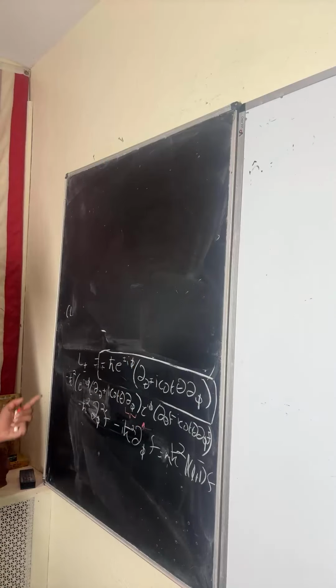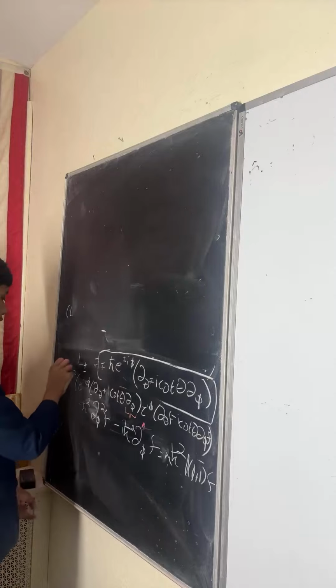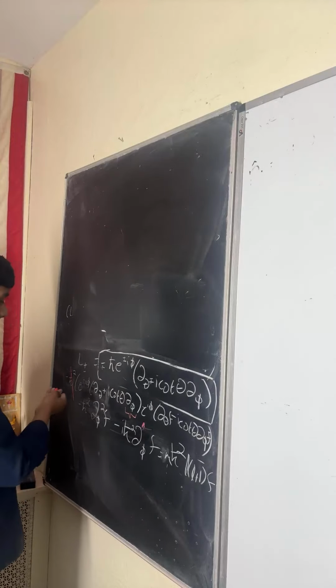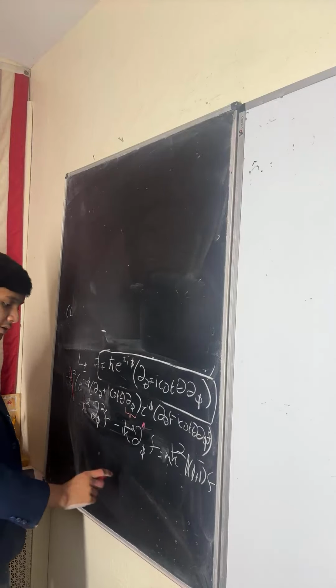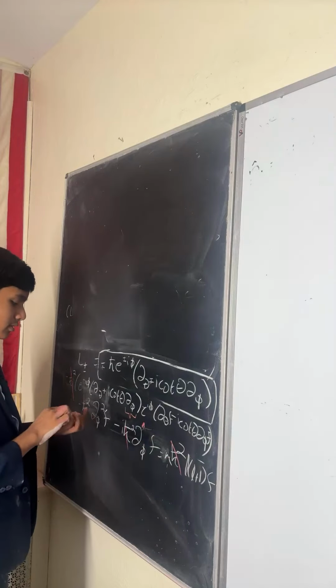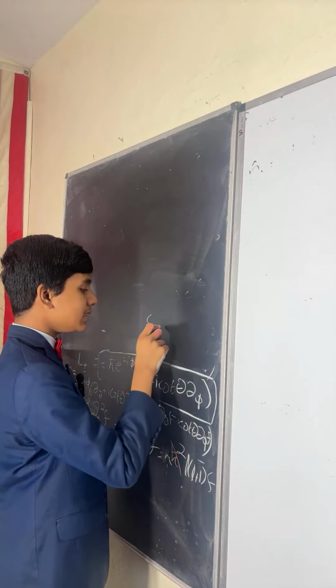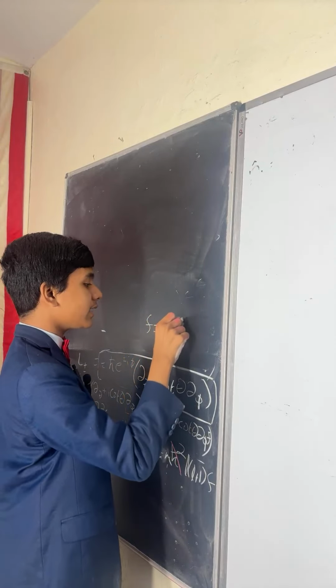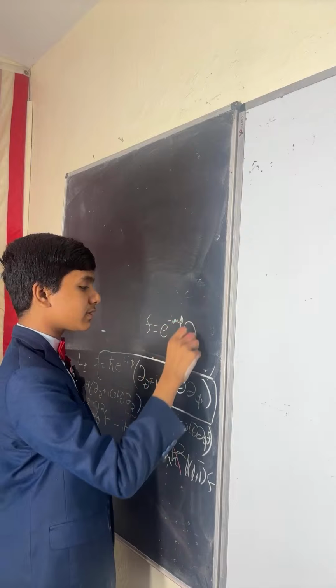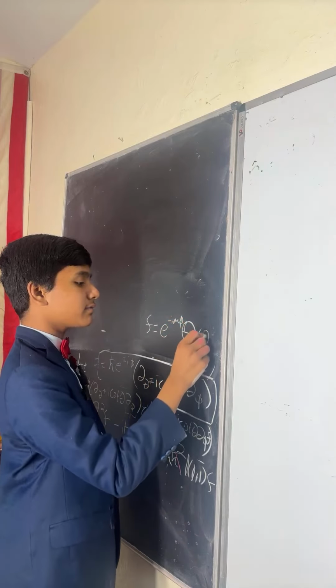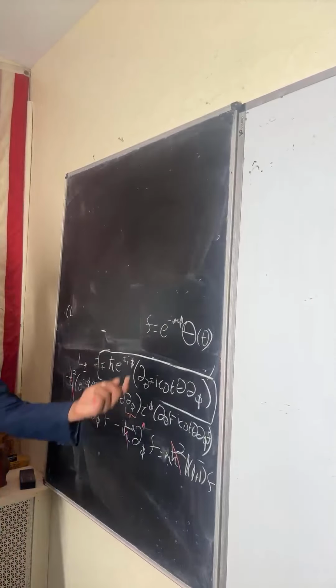First thing to do, cancel out the H bar squared, because it's already getting annoying. So you get H bar squared here, H bar squared there, H bar squared everywhere. Second thing to do, we already know f is a mix of e to the minus i m phi and another mystery function that we have to unbox. What happens when we plug it in?